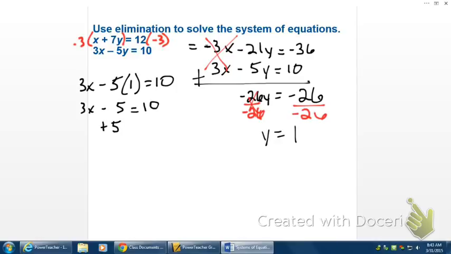Add 5 to both sides. And lastly, divide both sides by 3. x equals 5. So we got x and we got y.